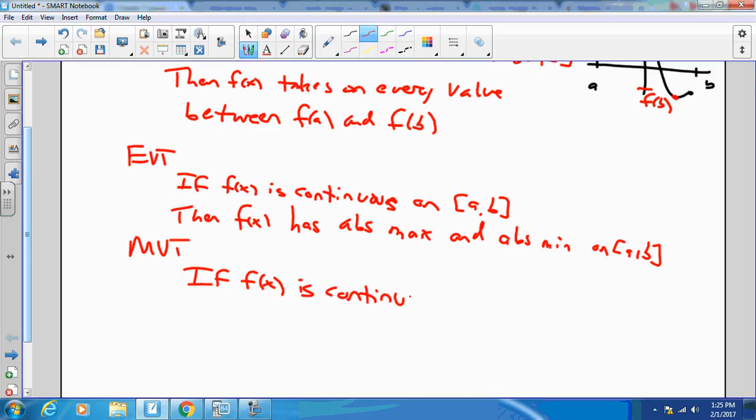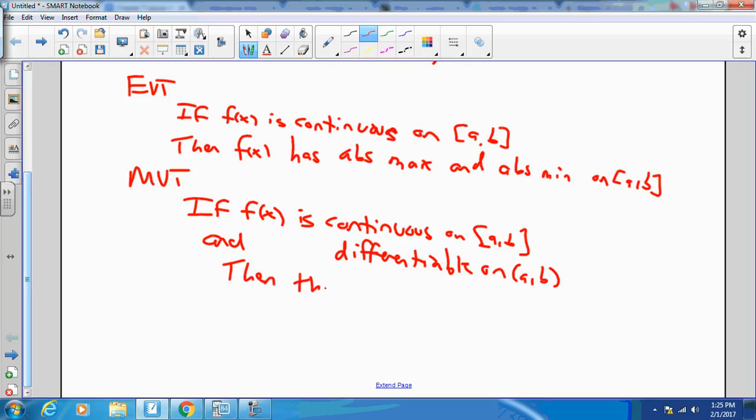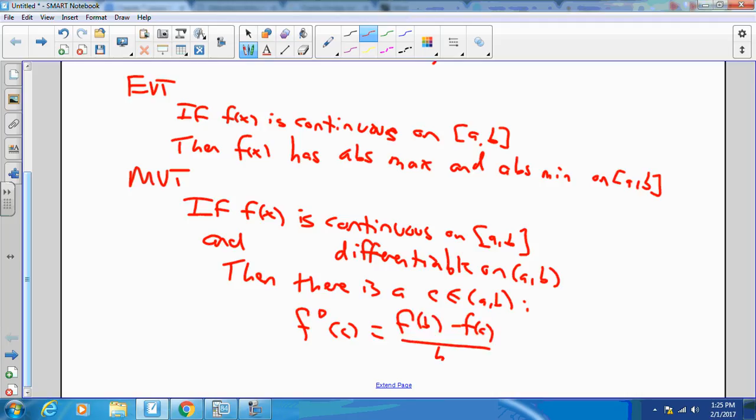If f is continuous on the closed bounded interval a to b, and also differentiable on the open interval, then there is a c between a and b such that the slope of the tangent line at c is equal to the slope of the secant line. In the picture, f of b minus f of a over b minus a is the slope of that line, and the mean value theorem guarantees at least one point, could be more, where the tangent line is parallel to that secant line.